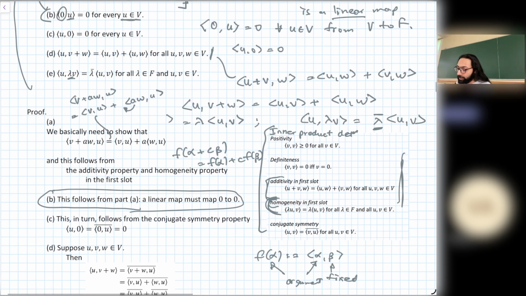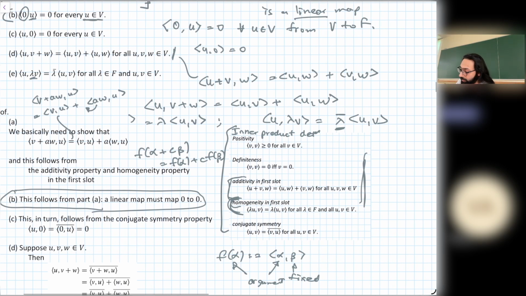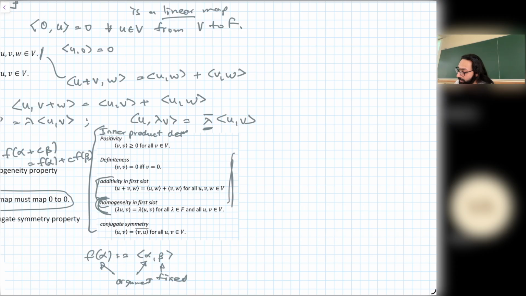Why is that? Suppose you have f of the zero vector. You can write this as f of zero times some vector v, it doesn't matter which, and this would be zero times f of v. This would be zero. So it's basically following from the homogeneity property, if you really want to. Any questions?